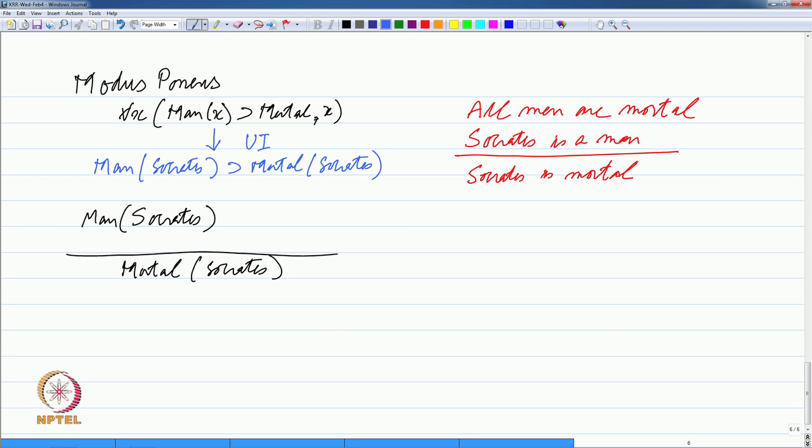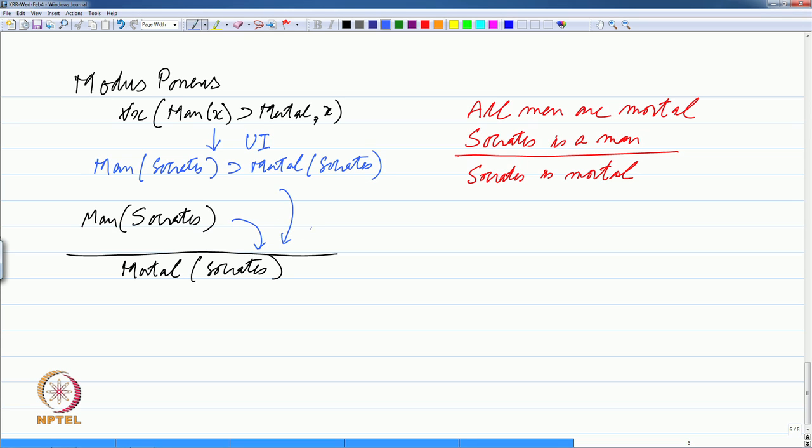Now, you can see things are simple. If I put man Socrates as p, and mortal Socrates as q, then I have p implies q, then I have p below that. So, I can infer q, which is the rule of modus ponens that we inherited from propositional logic essentially. So, we can just simply apply that using modus ponens, and we have the proof for mortal Socrates. We have generated the formula that Socrates is mortal, and that is the notion of a proof. Right.